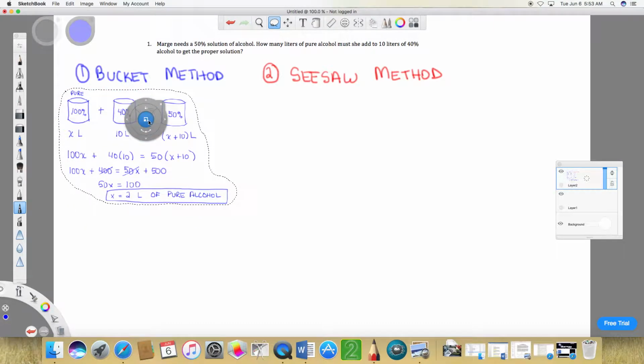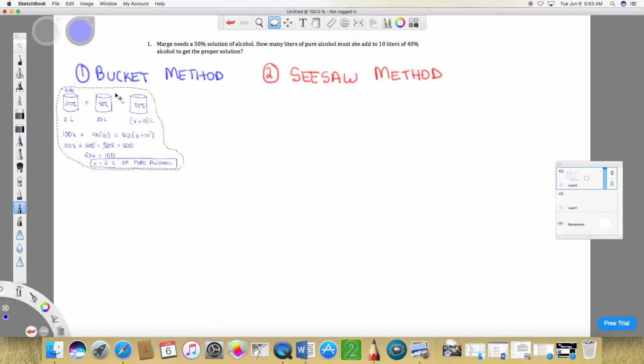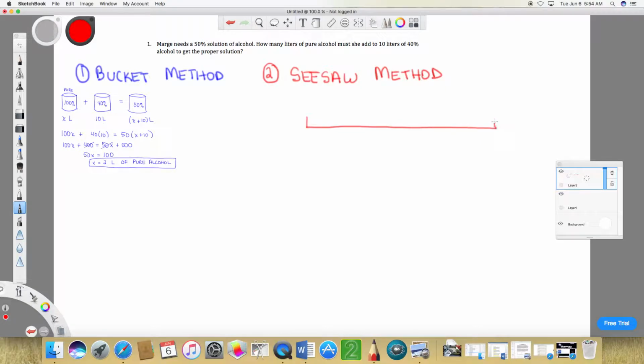In the seesaw method, probably the person that came up with this type of solution had a physics background, because the idea is that we're going to picture a seesaw. I'm sure you've seen a seesaw at a park.